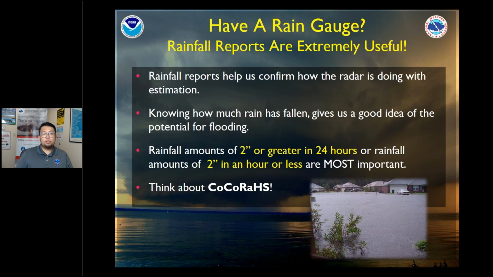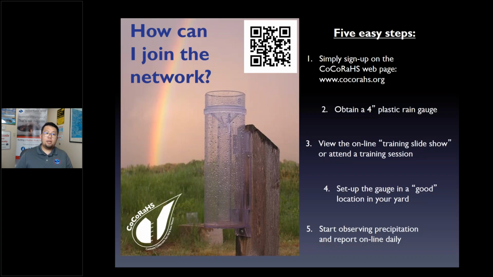If you're interested in getting a rain gauge, or joining a nice network, think about CoCoRaHS. CoCoRaHS is the Community Collaborative Rain, Hail, and Snow network. That's actually what CoCoRaHS stands for. This is essentially a citizen scientist community. A bunch of people around North Carolina, around the United States, in fact, all join together, measure rainfall around the country, and upload all that information to the website or through the app.